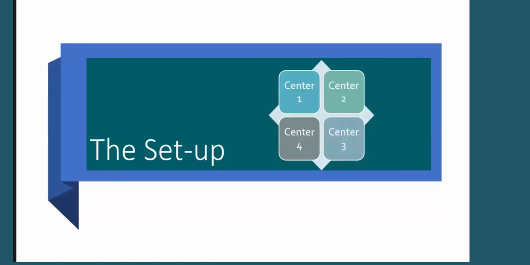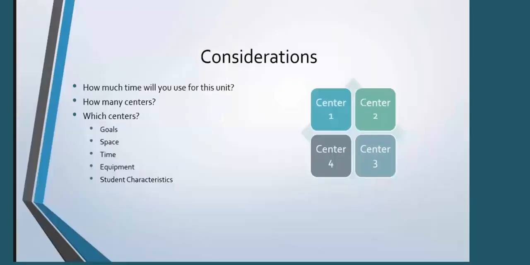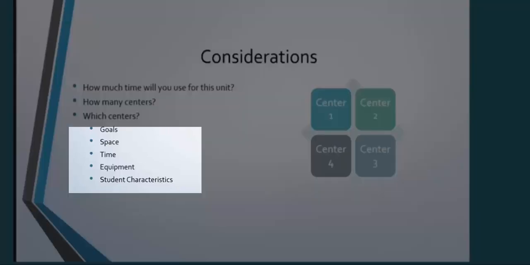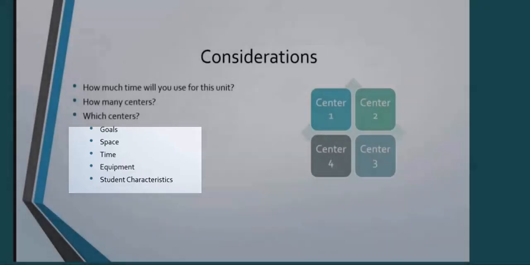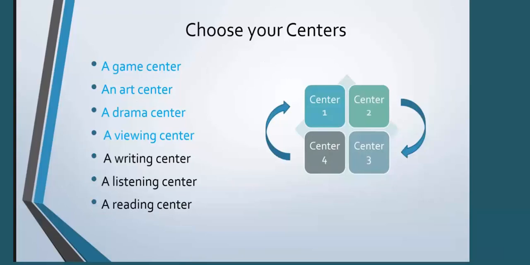And so for the purposes of this model, there are 4 different centers. How many centers you actually have depends on the space, depends on the time, and depends on your students. So you will have 4 centers and 4 groups.